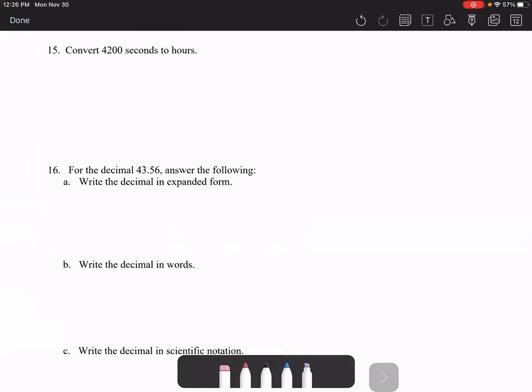Okay, so whenever we do unit analysis, the easiest way to write this out is to use a string of fractions that we multiply together. So we're going to start with 4,200 seconds over 1, and we're going to multiply it by how many seconds are in a minute and how many minutes are in an hour.